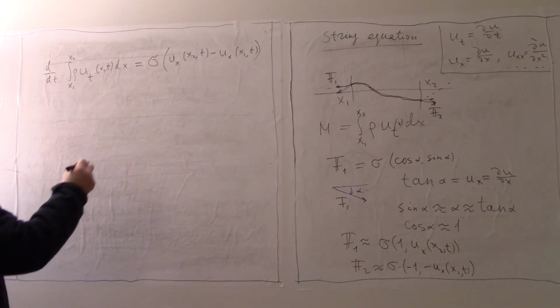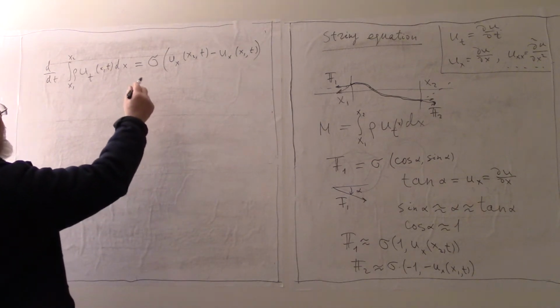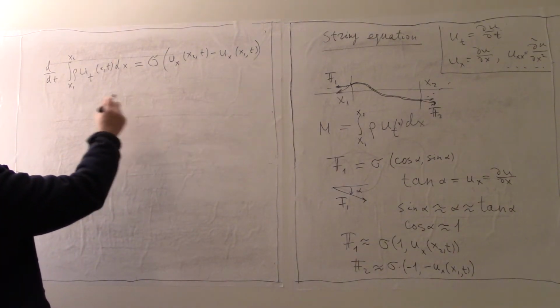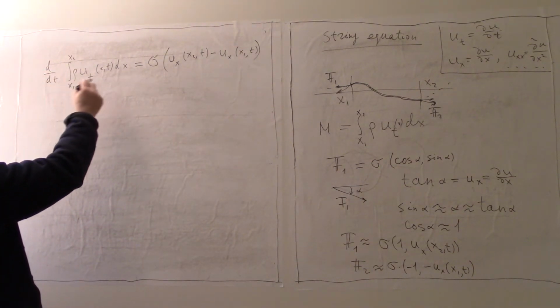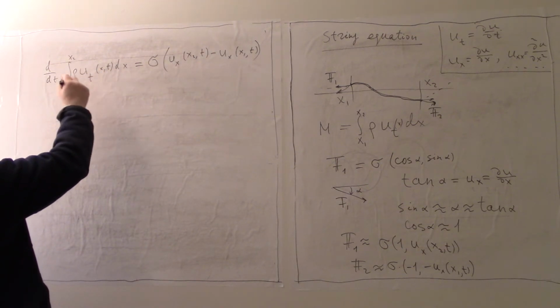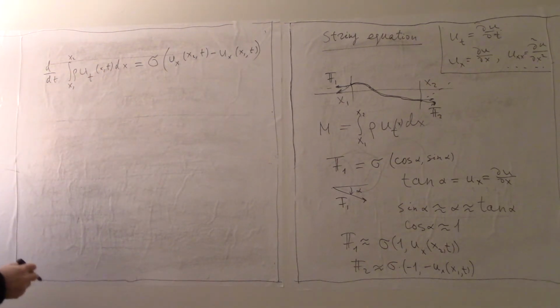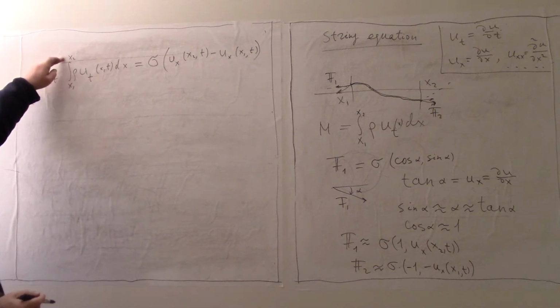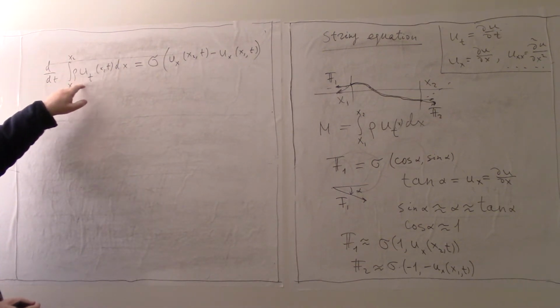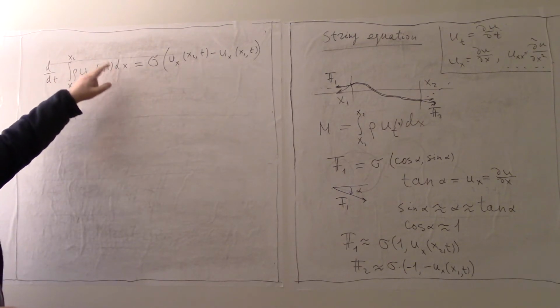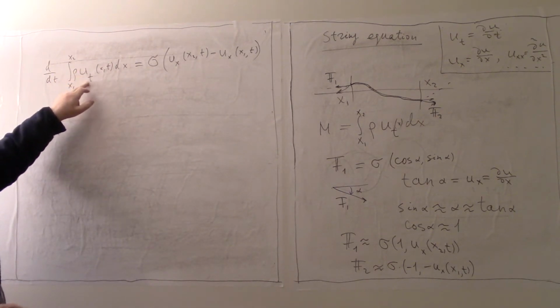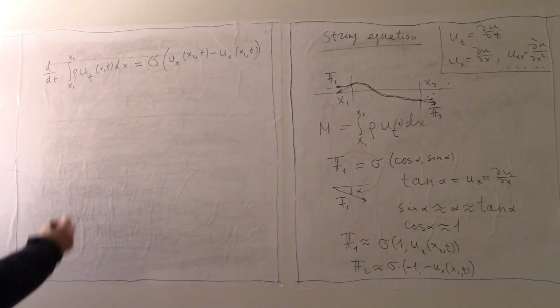Now let us transform it a little bit. What is d/dt of the integral? These limits are constant, they don't depend on t, so we have to differentiate u_t with respect to t, which gives the second derivative.